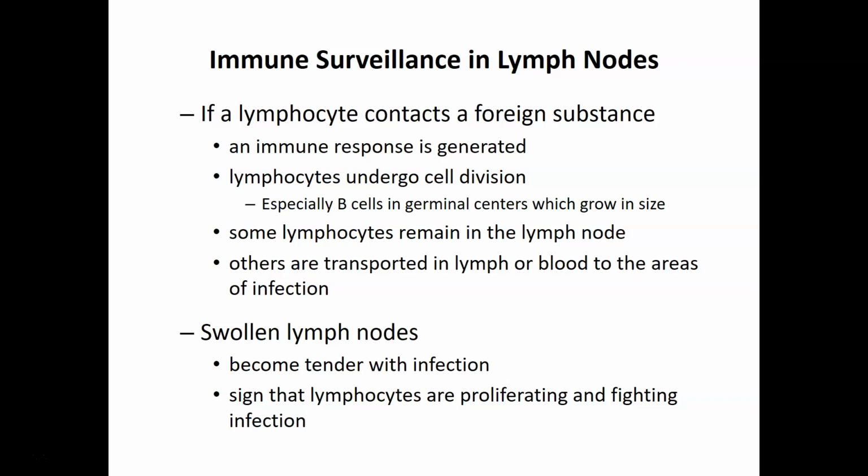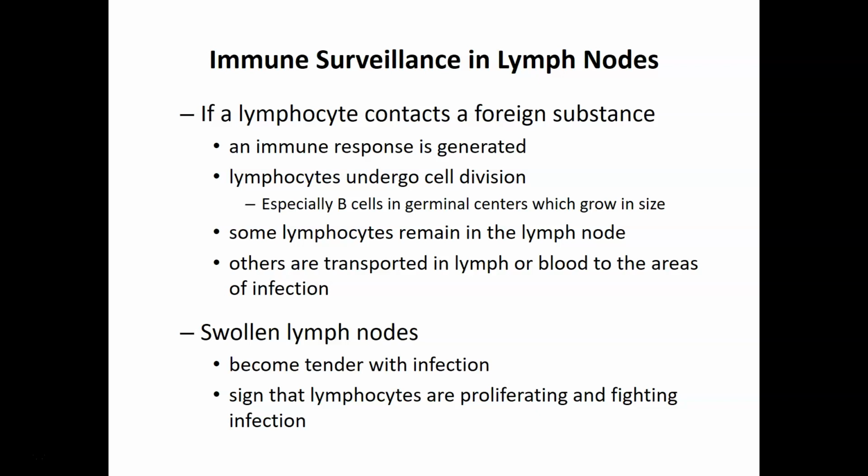So starting out with just a few lymphocytes is going to produce a huge number, an army of lymphocytes, in order to do battle against this pathogen. What happens typically in a lymph node exposed to a pathogen is the accumulation of cells causes the lymph node to swell. And the swelling can make them kind of tender.